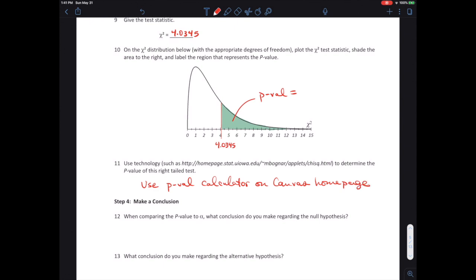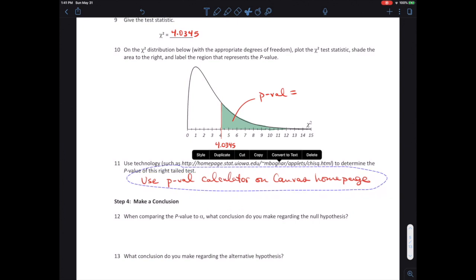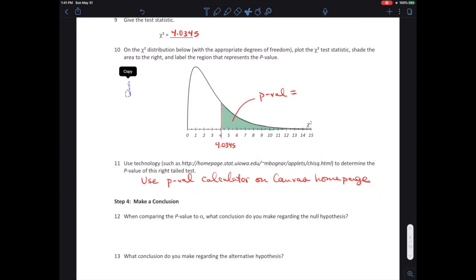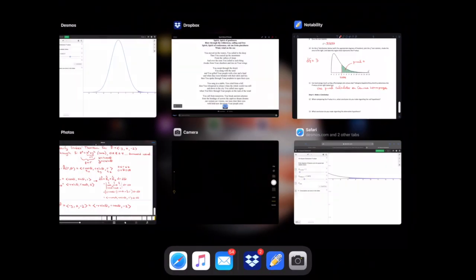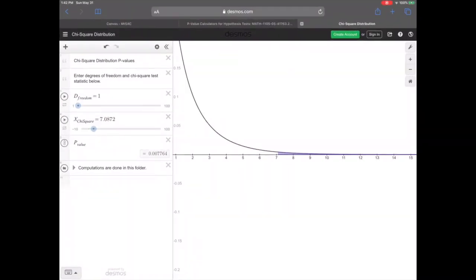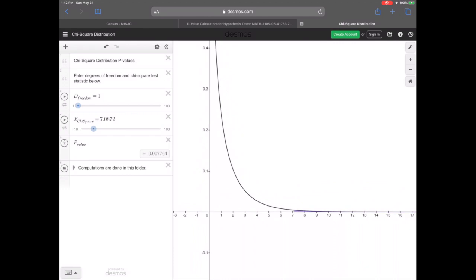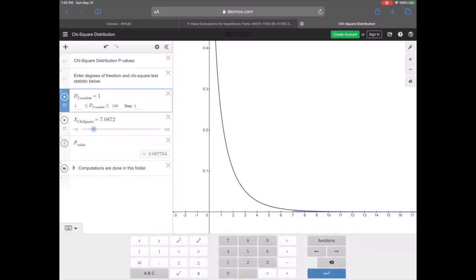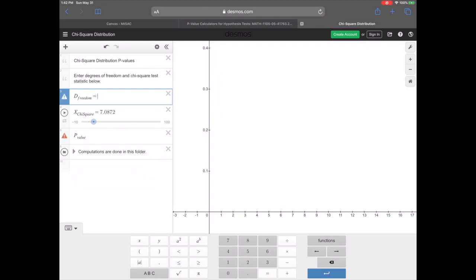Remember it's 3 degrees of freedom on this. So we've already done that. Let me pop over to Canvas again. We're going to have to put in that 4.0345. So here's Canvas. No, sorry, this is Desmos. It's going to have a different degree of freedom, so I'm going to change that to 3.